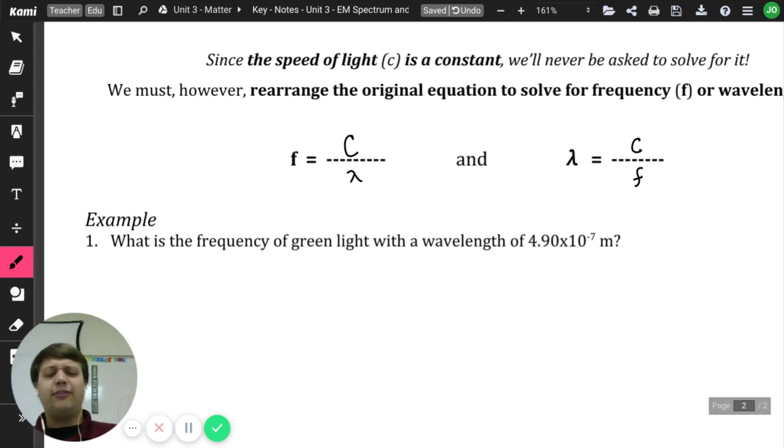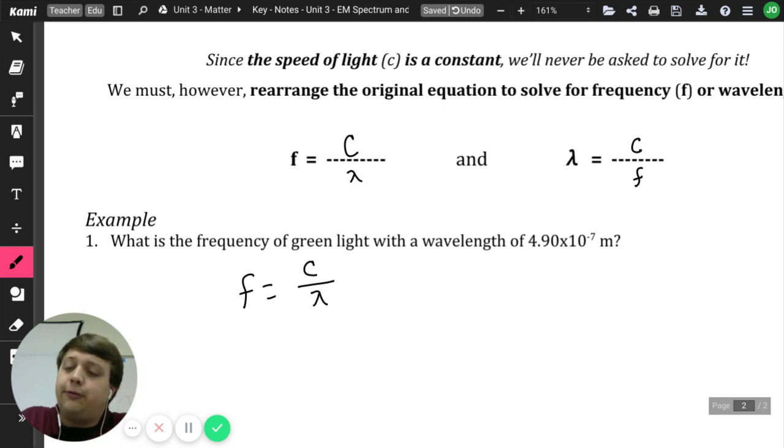Okay, so let's actually solve a problem. My question here says, what is the frequency of green light with a wavelength of 4.90 times 10 to the negative 7th meters? So I'm solving for frequency, and I know my formula for that is the speed of light divided by wavelength.